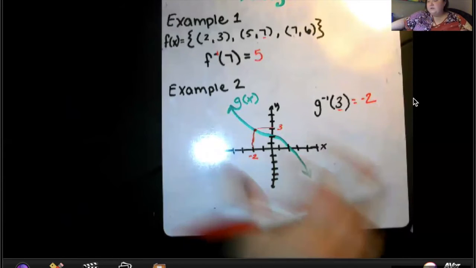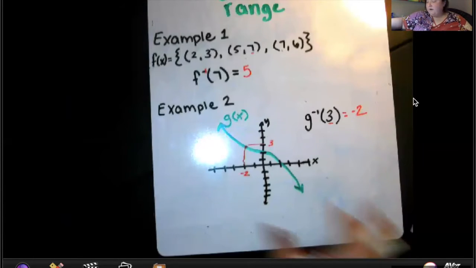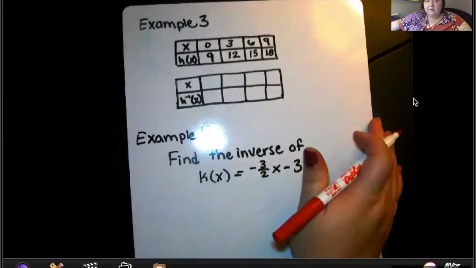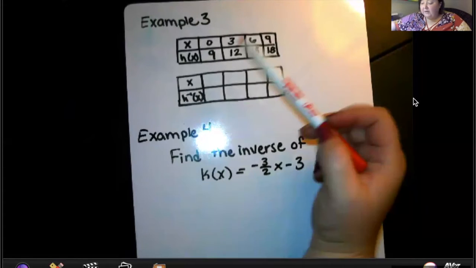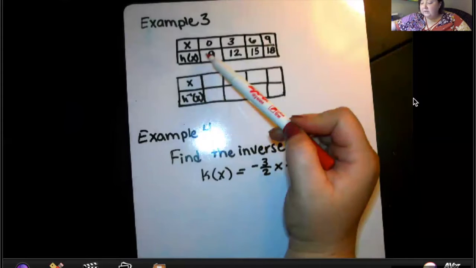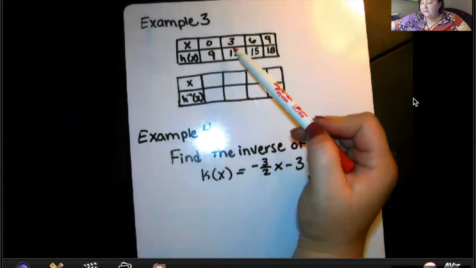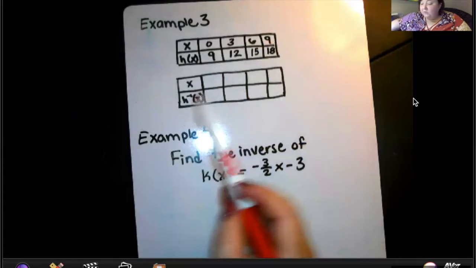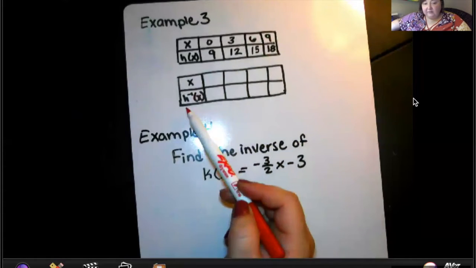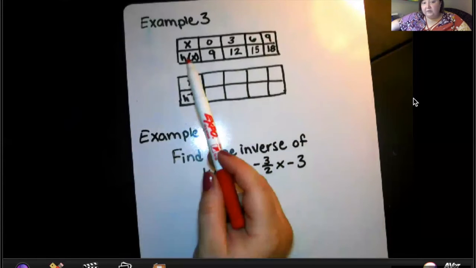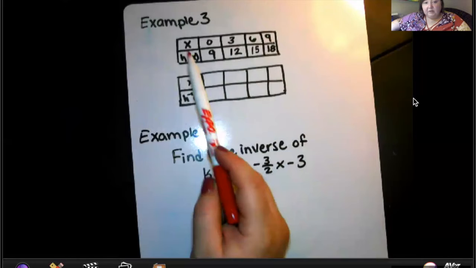So we've seen it in roster form, we've seen it in graph form. Next, let's look at inverse in table form. For example 3, we have this table with the x values, and for h of x, 0 is 9, 3 is 12, 6 is 15, and 9 is 18. If we want h inverse of x, it's going to flip your x's and your y's.